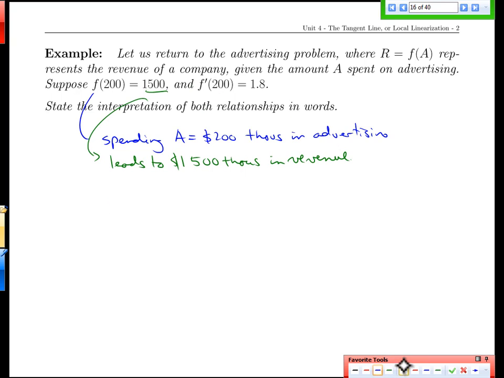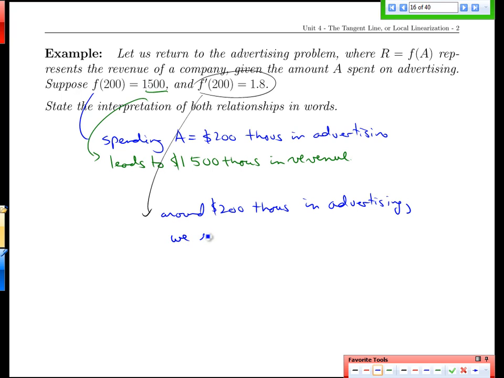We also analyzed earlier this statement about the derivative, which was around $200,000 in advertising. So based on that starting point, that ground point, what can we say?